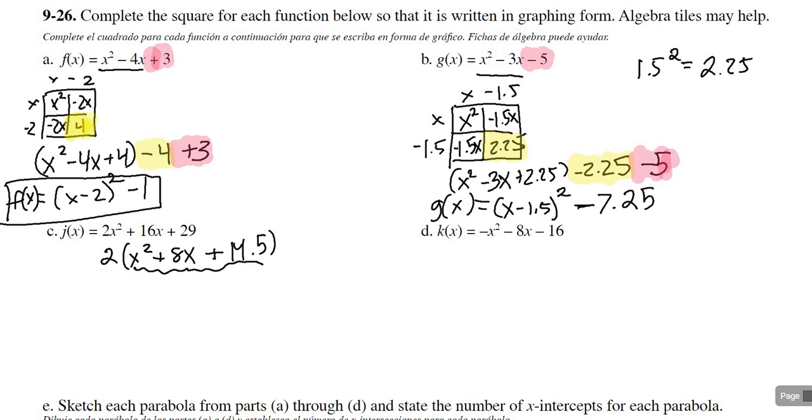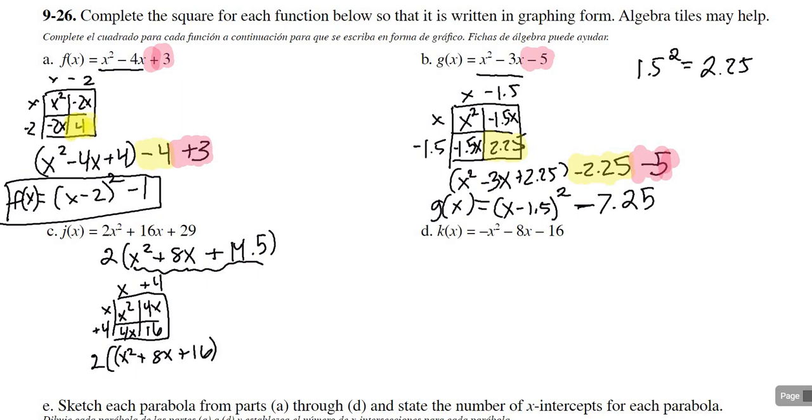So I have 4x and 4x and x squared, x plus 4, x plus 4, 4 squared is 16. So this gets me 2 times x squared plus 8x plus 16.